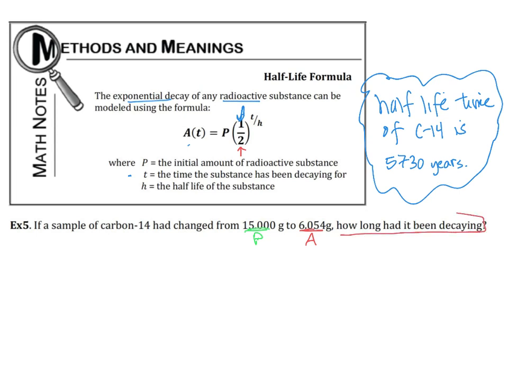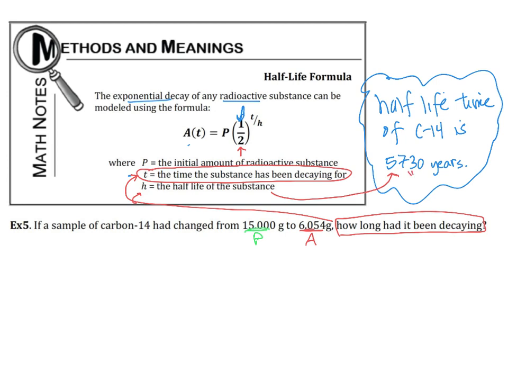Is that the T value or the H value? Well, it's the T value. It wants to know how long will that substance decay, and in the previous example, you could look at the one just above, example 4. You see the half-life time. The half-life time for carbon 14 is 5,730 years, so that is your H.